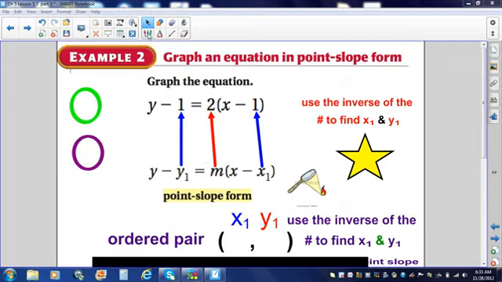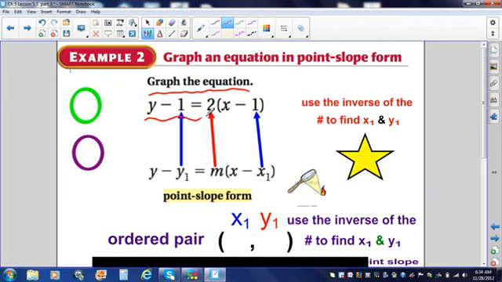In your spiral, please write, graph the equation. I would like you also to write the equation y minus 1 equals 2 parentheses x minus 1. And then you might want to draw yourself the arrows like I did here.